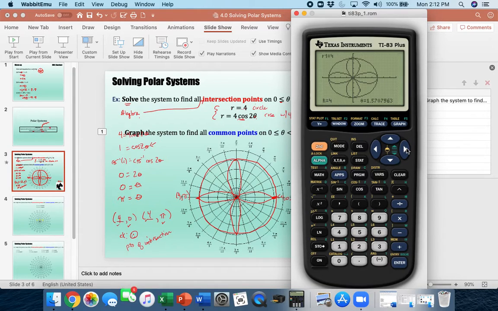But notice here, at 4 pi over 2, sure, I'm there on the first circle, but not at the same place at the same time. Here, 4 pi. On both equations, same place, same time.